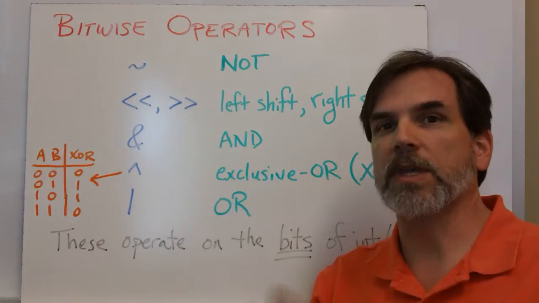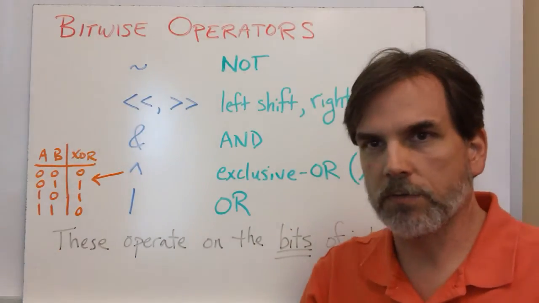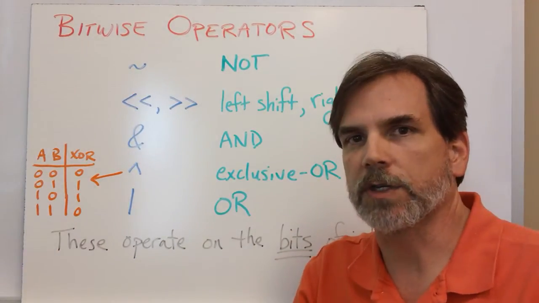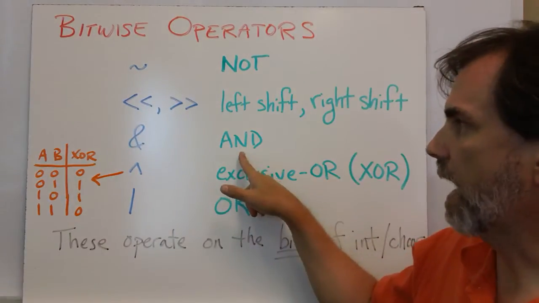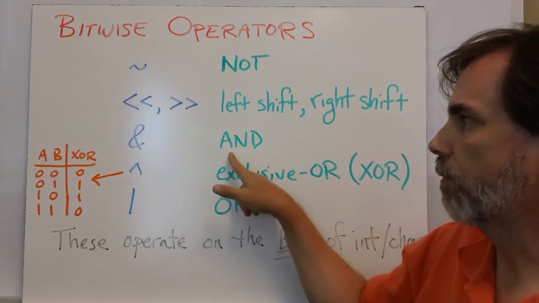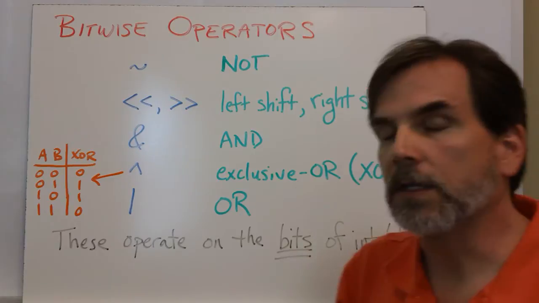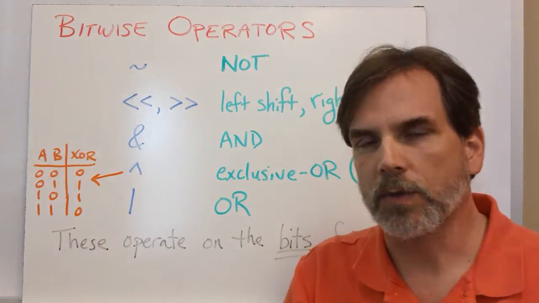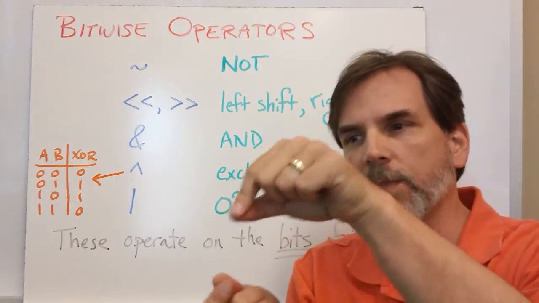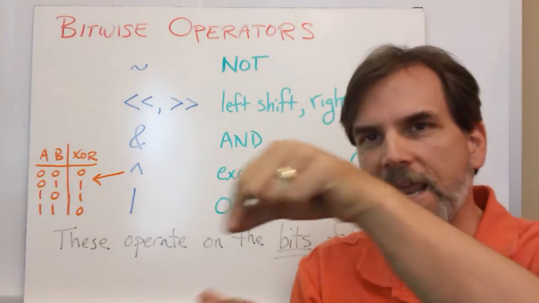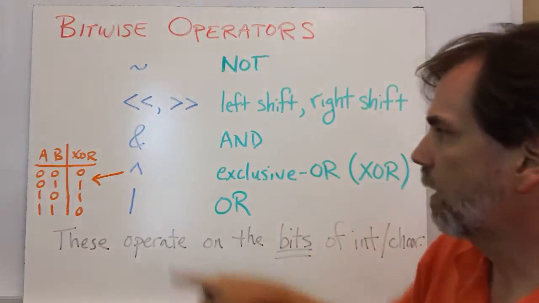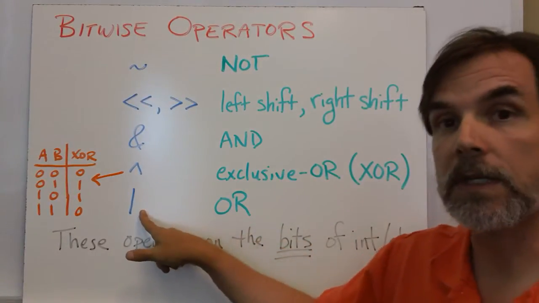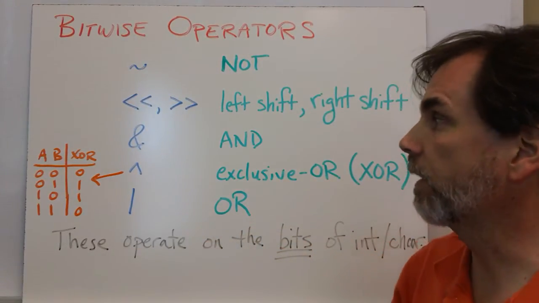That takes every bit and changes 0 to 1 and 1 to 0, the same way as the not instruction does in the LC3. The bitwise AND operator is the same way that the AND instruction is in the LC3. We take the corresponding bits of the two values and we AND them together, and that's the result. We have an OR operator in C that we didn't have in the LC3.